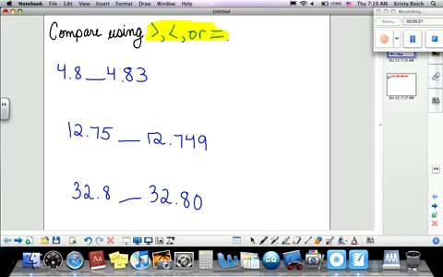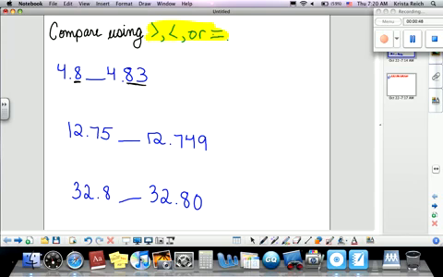Alright, so if we look at the first example, we have 4.8 and 4.83. The first thing that I notice is that here my 8 is in the tenths, and then here I have 8.3, which is 83 hundredths. My biggest hint to you all is to annex zeros to make the place values the same.